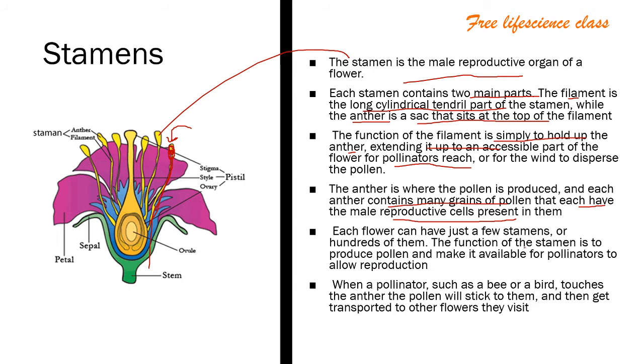The function of the stamen is to produce pollen and make it available for the pollinators to allow reproduction. When a pollinator such as a bee or a bird touches the anther, pollen will stick to them and get transported to other flowers.